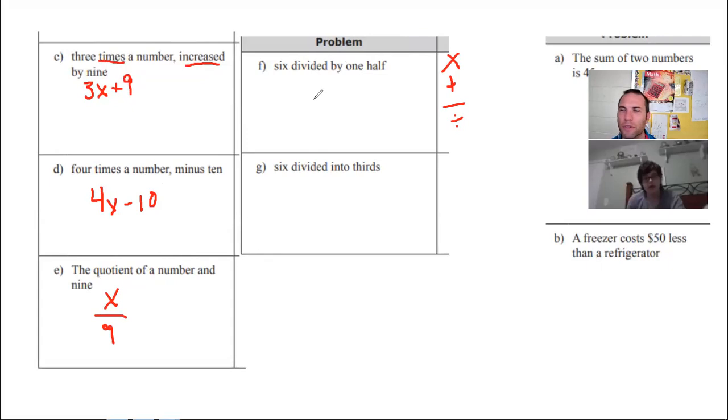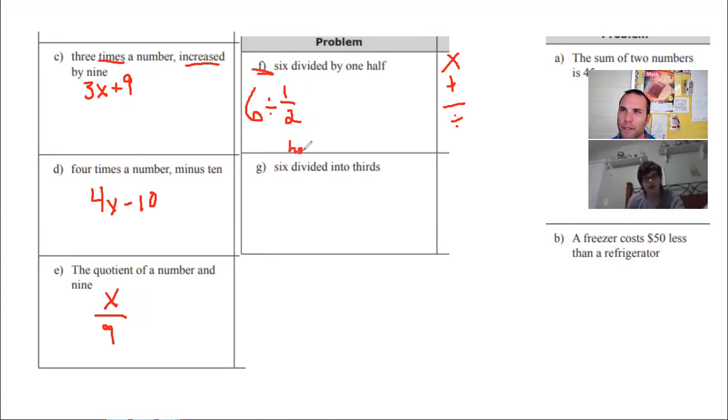6 divided by 1/2. This is tough. Some students will say it's like 6 divided by 1/2. Well, hold on, the way this is written, yeah, actually, this is right. This is the way this is written.